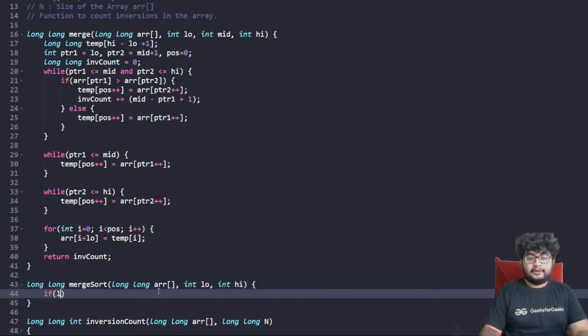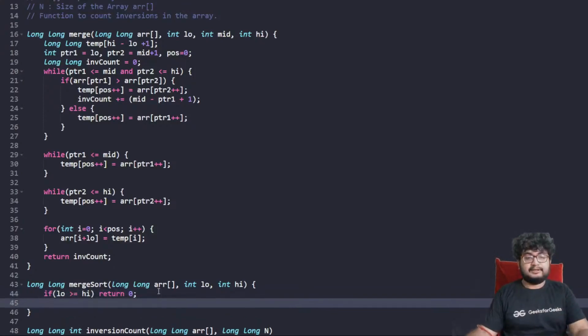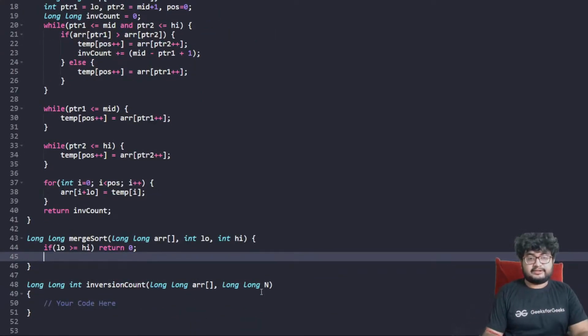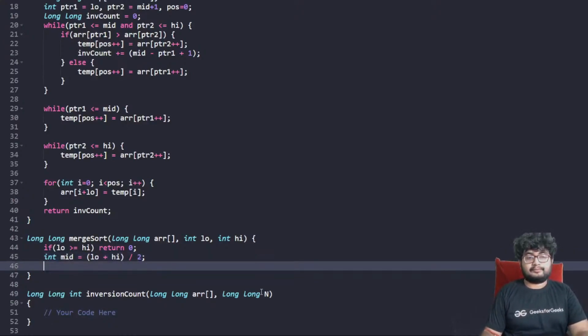If low greater than equal to high, return 0. Otherwise, int mid equals low plus high by 2, and we'll call long count. Let's maintain the count here. Count equals merge sort ARR low to mid.